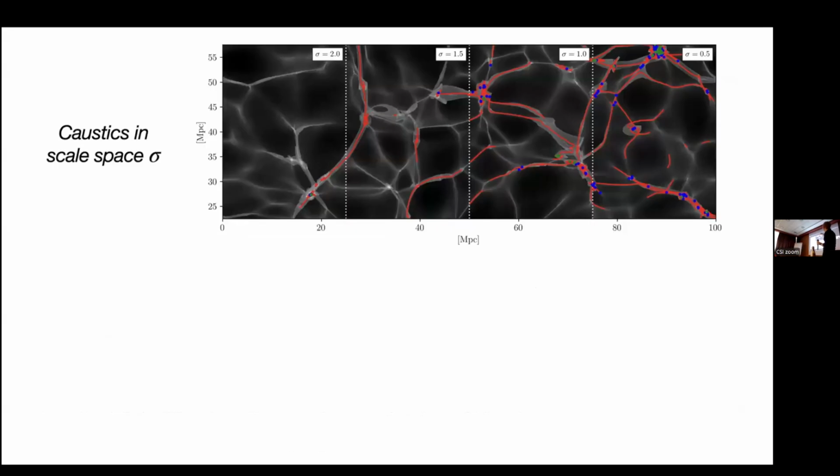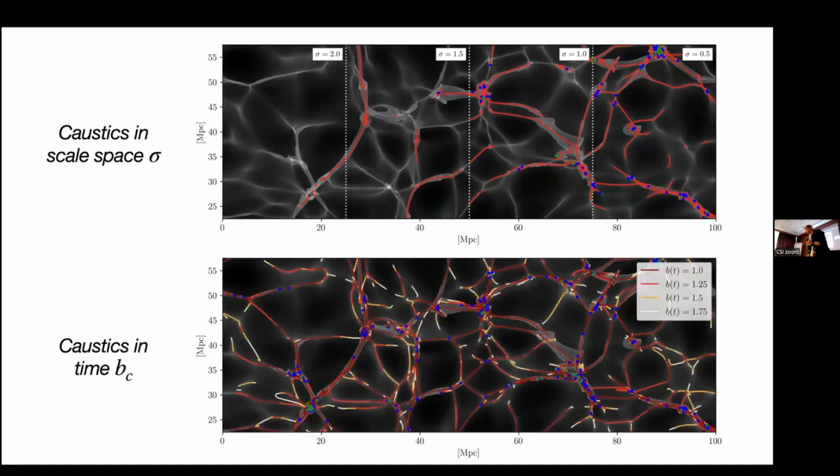On the upper panel, I'm showing the scale space nature of the caustic skeleton, where from the right to the left, I'm evaluating the caustics on an increasingly lower smoothing scale. And so we are recovering more and more of the structure that we see in the sky. And if we are now evaluating caustics only on a small scale, but not only the caustics that have formed up to now, but also those that will form in the future, then you can very clearly see here that we are covering virtually the entirety of the structure that we see on the sky.